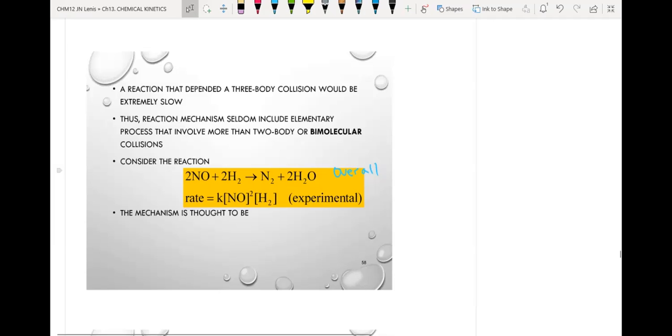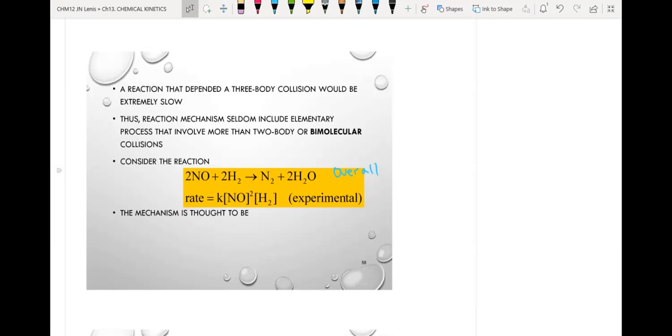It's very important to do the analysis. When you see the rate law, you need to extract that information from what is written there. It is second order with respect to NO and it's first order with respect to H2.